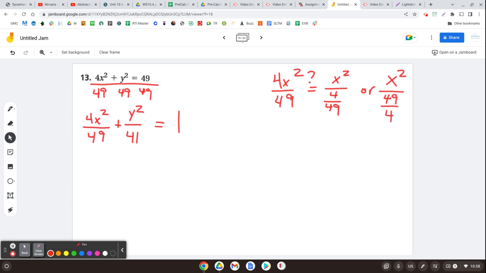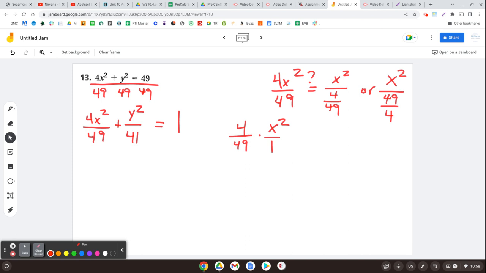First thing we could just put in numbers and we would find out pretty quickly. But what I want you to do is consider this 4 over 49 times x squared over 1. And I think, from my math knowledge, that multiplying by a fraction, we never go this direction.